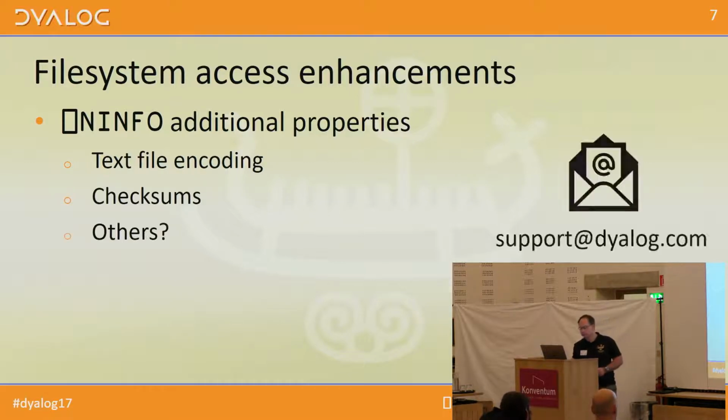What is its checksum? Anything else? These are different because you actually have to read the file, some or all of it, in order to answer the question. But if there are things that you want to know about files that ninfo doesn't currently provide, please let us know. There are many places you can get in touch with us, but I've given you support@dyalog.com and they will definitely come through to me.